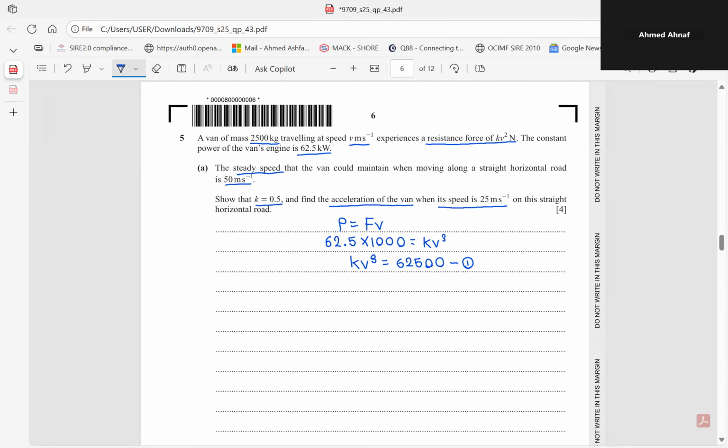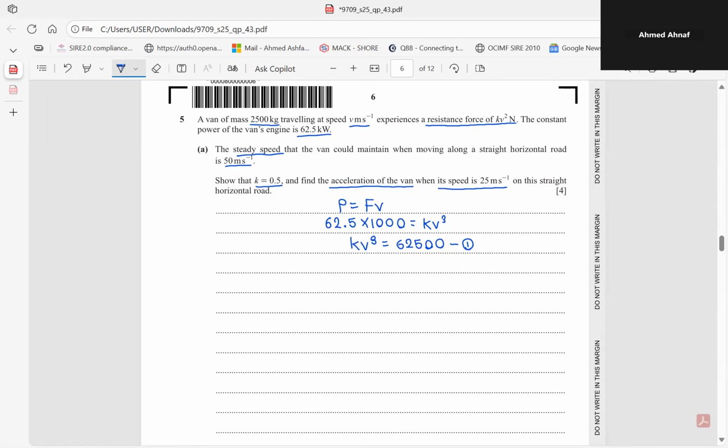Okay, so the steady speed the van could maintain is 50 meters per second.